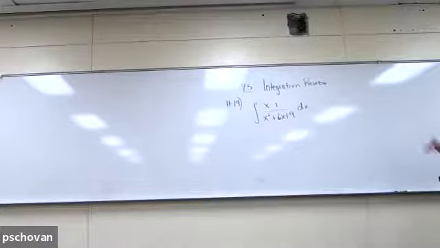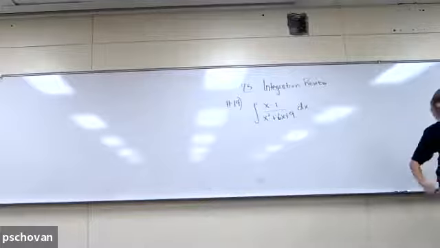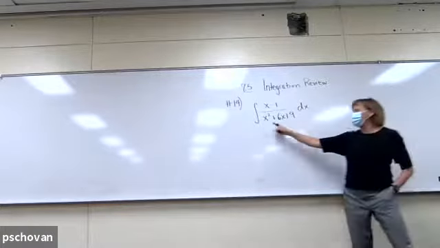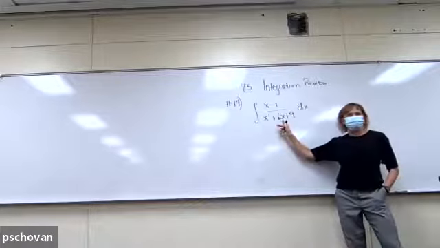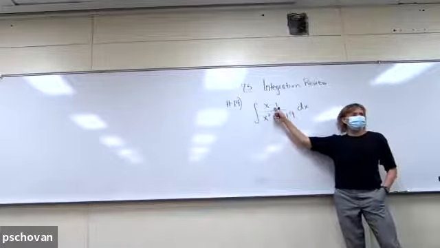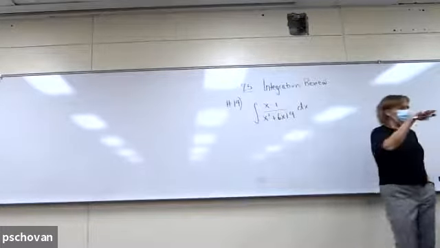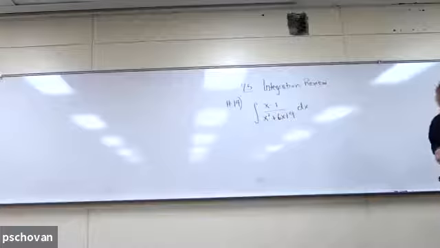And this looks like a prime candidate for partial fractions because it's not a u du integral. If we take u to be the denominator, I get 2x plus 6. And there's no way to make 2x plus 6 look like a something times x minus 1. So it's not a u du integral. So we attempt partial fractions because we've got a polynomial over a polynomial.